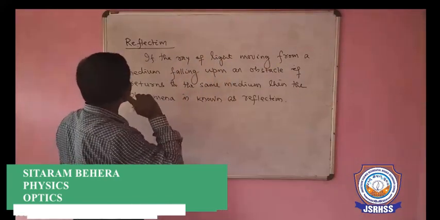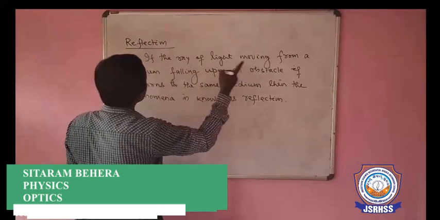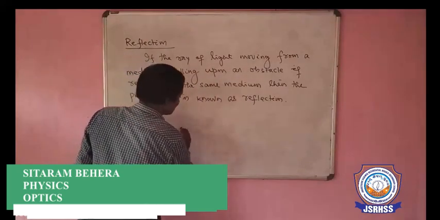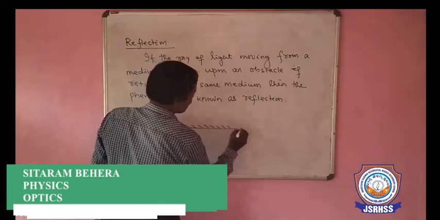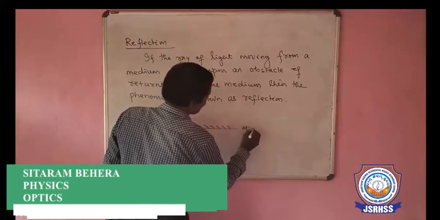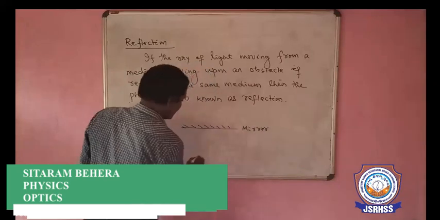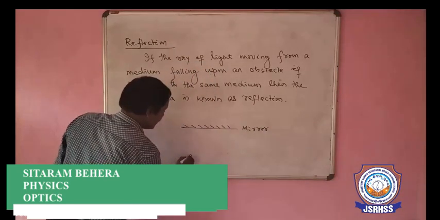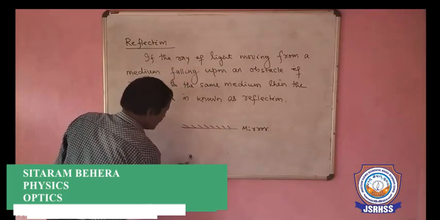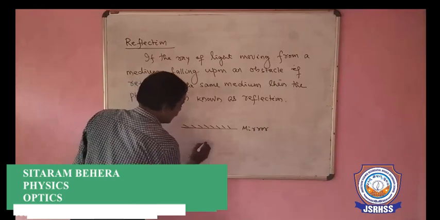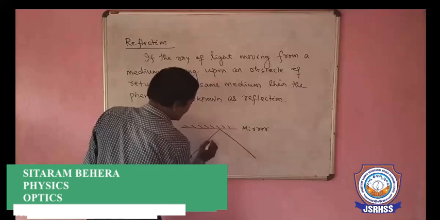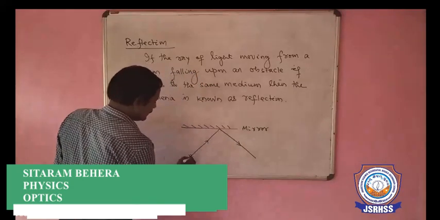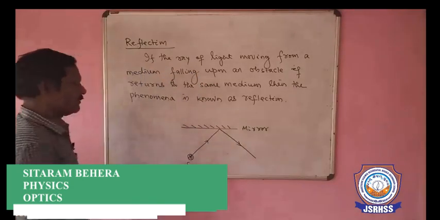So, what do we mean by reflection? If the ray of light moving from a medium, suppose this is an obstacle, say the obstacle is your mirror. Now, light is moving from the source S, falling upon the medium, if it returns to the same medium. So, this is, say, air medium, a source of light is placed in air medium.